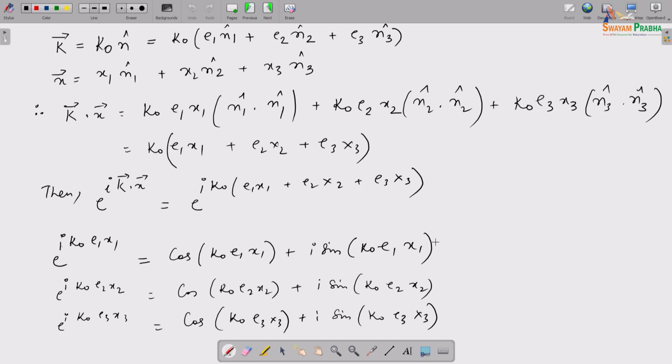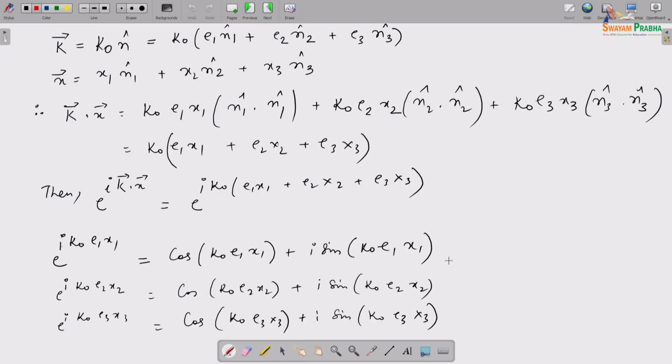So it's a sum of this. As you can see, these are periodic functions, isn't it? So what we're saying here is, e to the power i k x, you just sum these up, and that is going to be this.